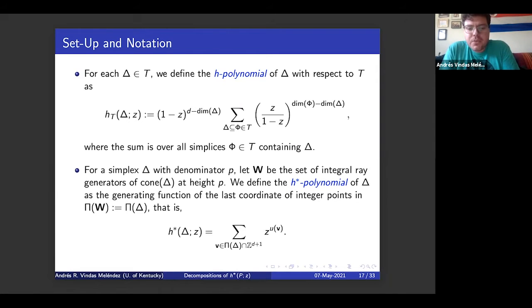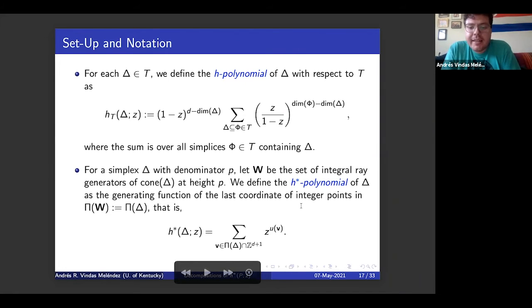For a simplex with denominator P, we're going to let W be the set of integral ray generators of my cone at height P. Remember, before we took things at height 1. Well, now we have to take things at height the denominator, right? Because we're dealing with rational stuff.